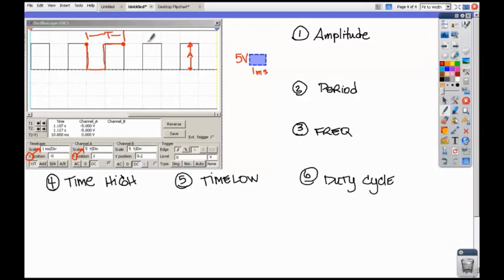And if I look, my frequency is related to my period. And then if I break this down from here, that's my time high. And then in between, when it's down at this lowest value, that would be my time low. So I have everything marked up and ready for me to go.